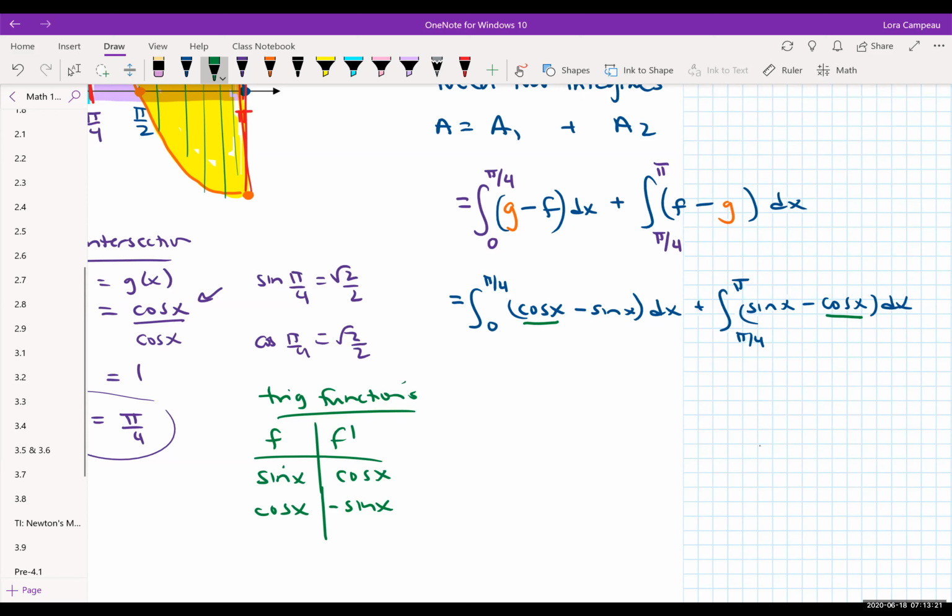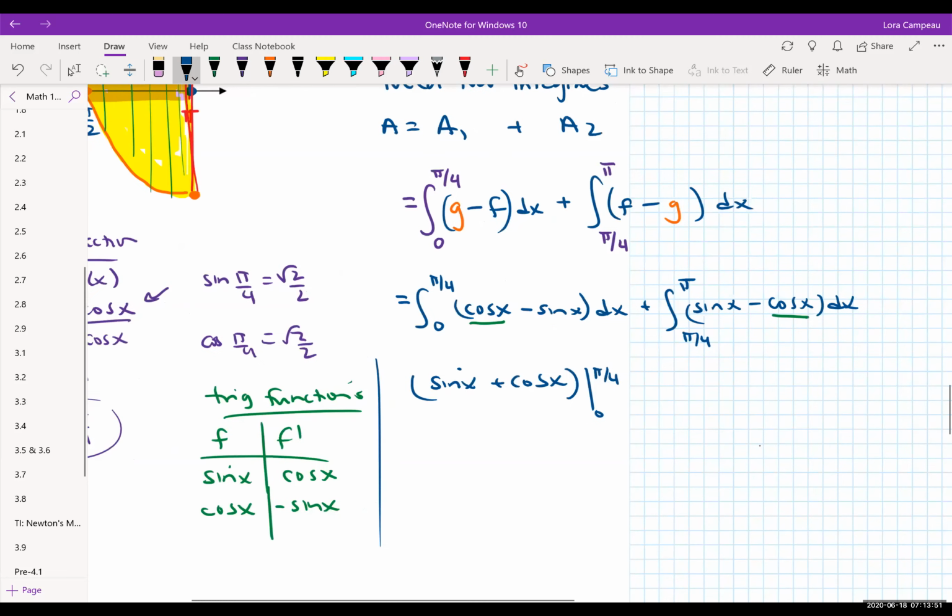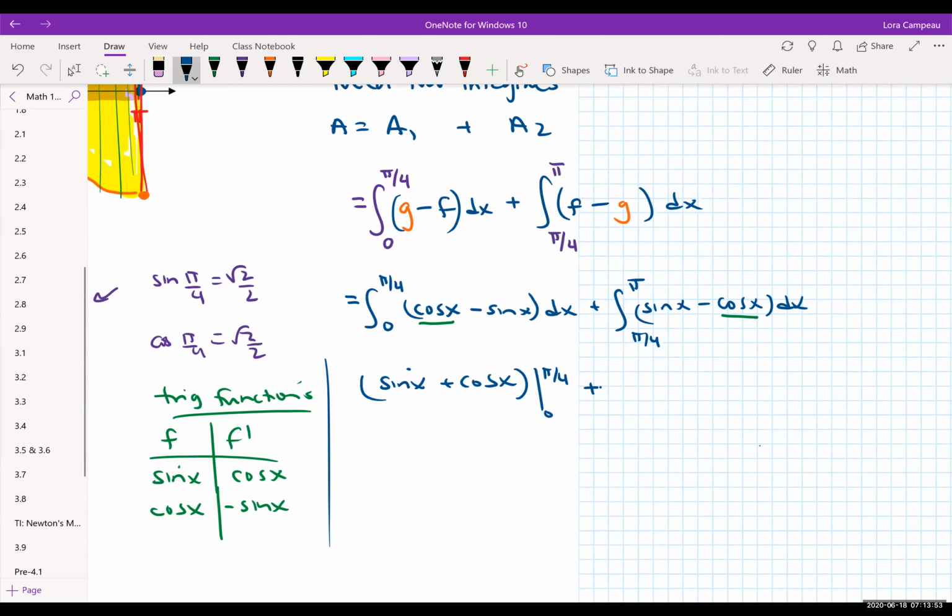So if I do this, let's go from here. The integral of cosine x is sine x. Now, the integral of negative sine x gives you cosine x back. And so that part is evaluated from 0 to pi over 4. We're going to add this. The integral of sine x, this is where you have to be careful.